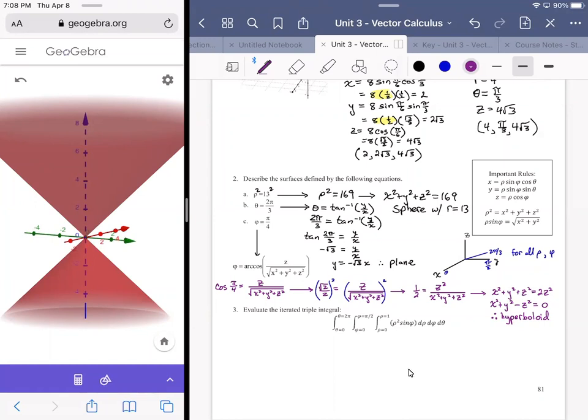Is it r cosine of r? Is it r cosine of z? Oh, z over rho.